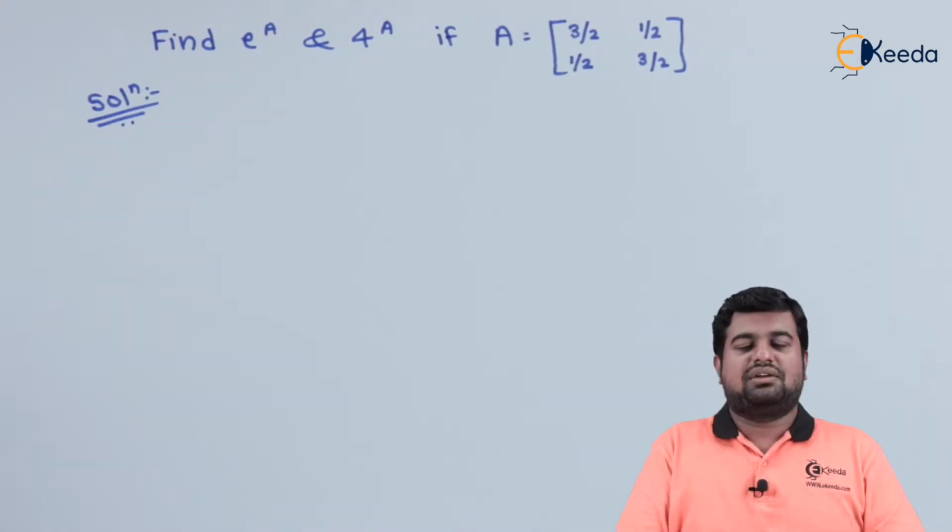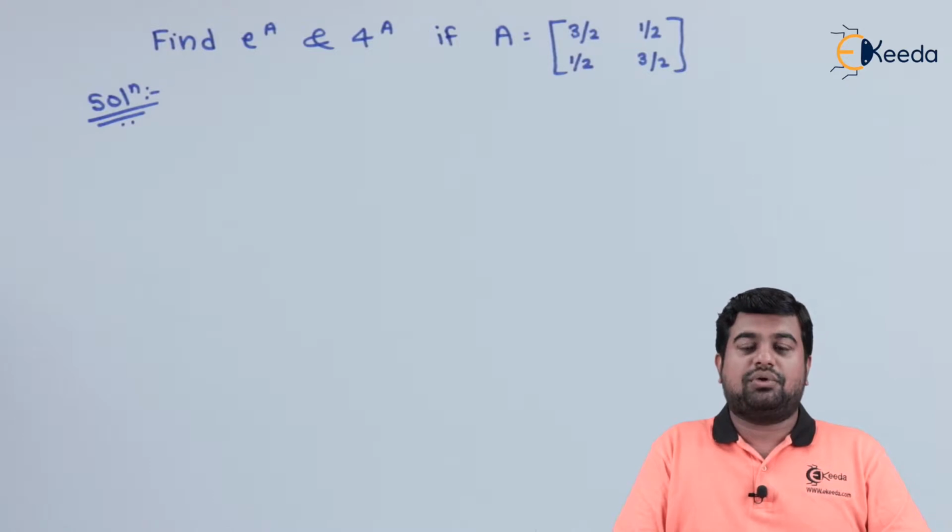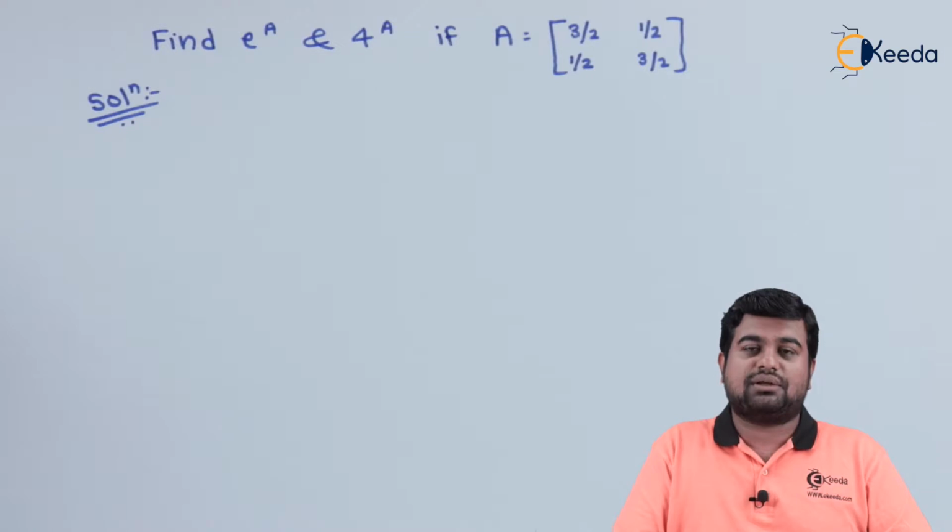So before that, let's talk about the procedure. In order to have the model matrix, we are supposed to calculate the eigenvalues and eigenvectors. So first step is to calculate the eigenvalues and the respective eigenvectors. Then we will construct a model matrix M and find M inverse.